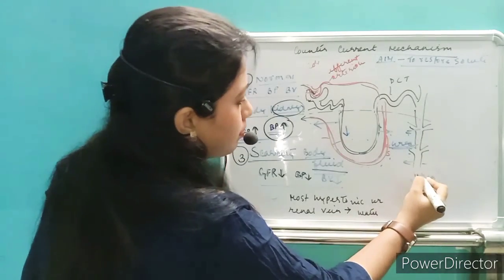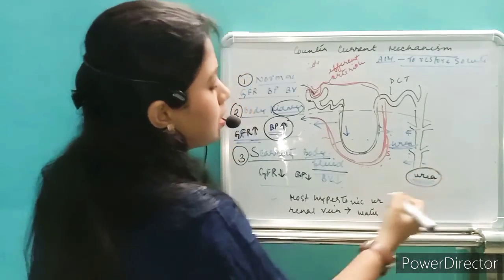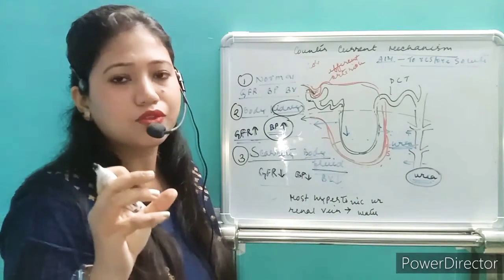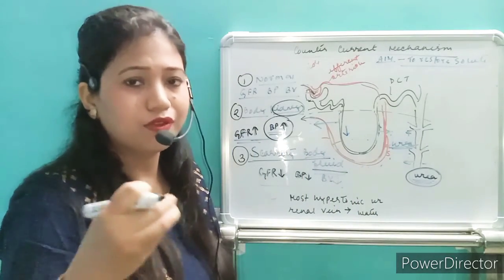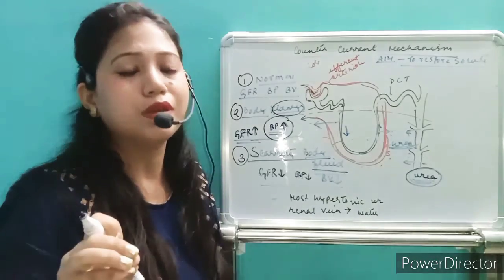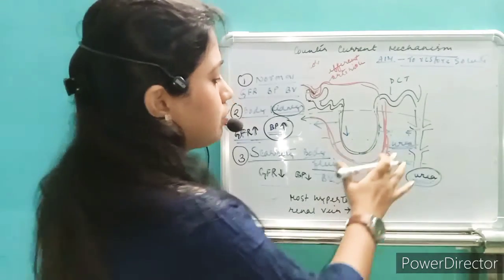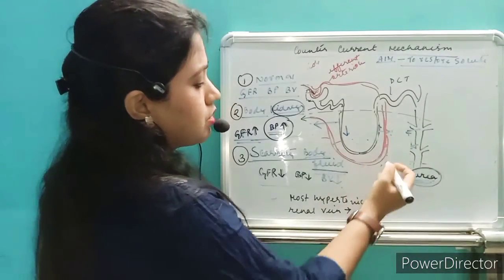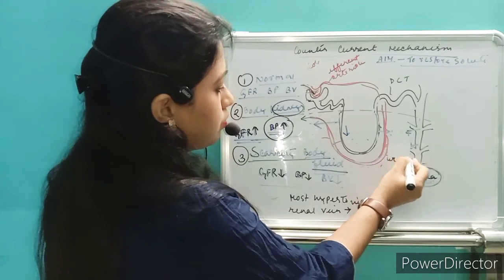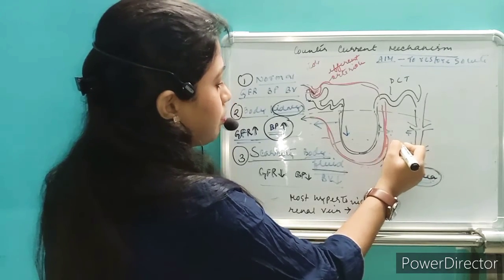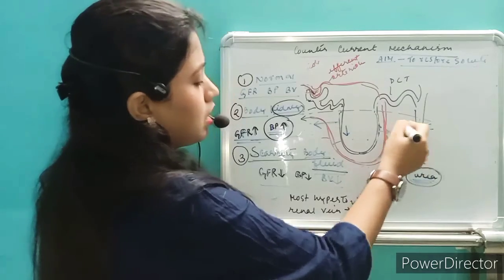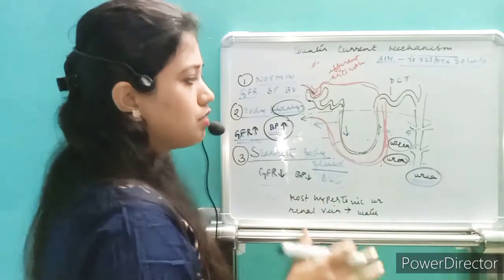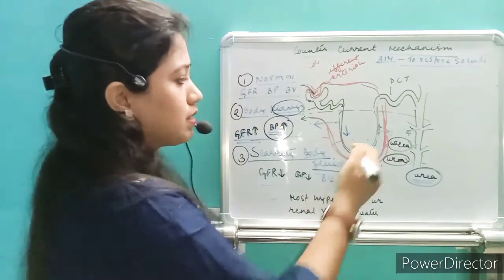Most hypertonic urine, meaning in a very small amount of solvent, water, most of the urea will be removed outside. And if that urea is not able to get filtered outside, then most of the urea will start to get deposited in the interstitial spaces, and we will try to reabsorb maximum water.